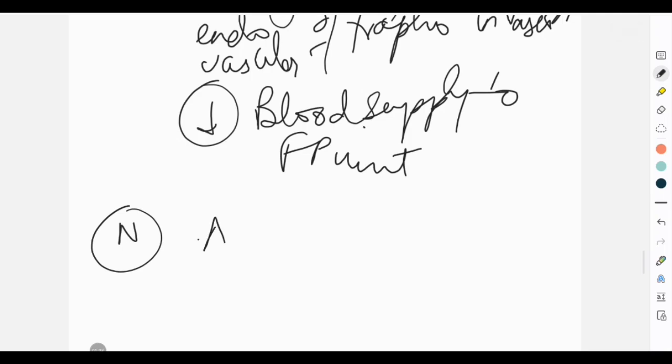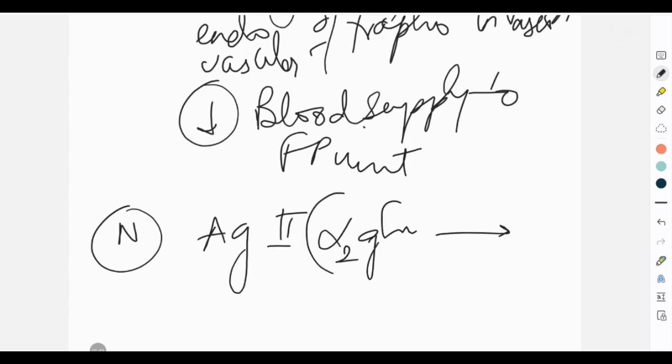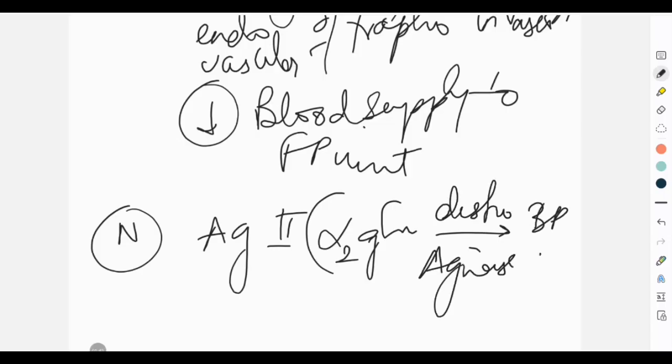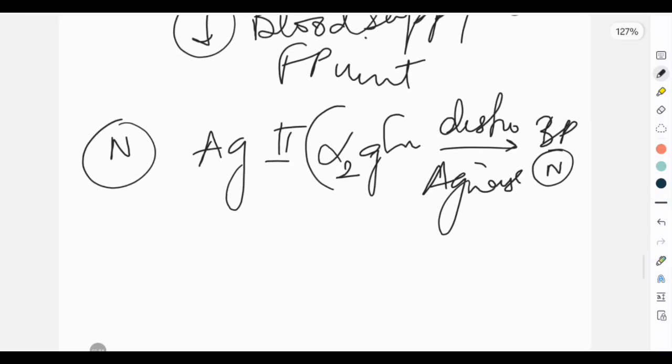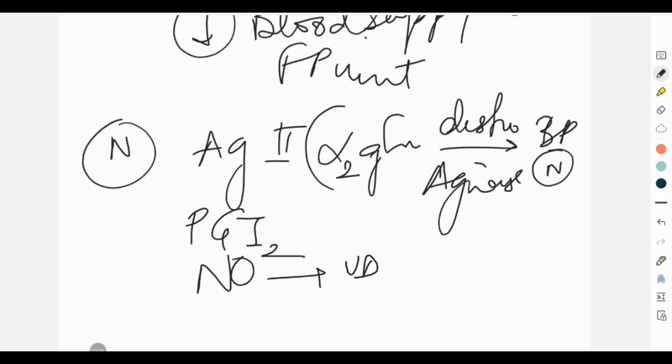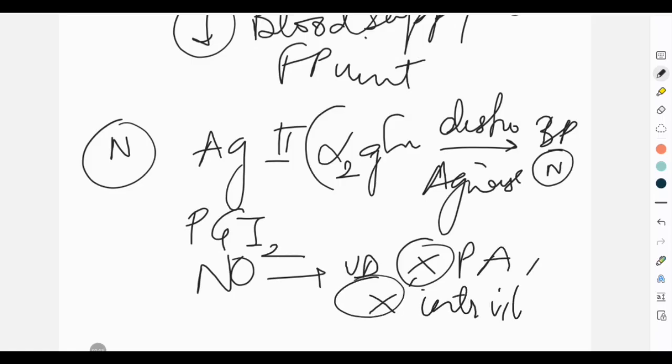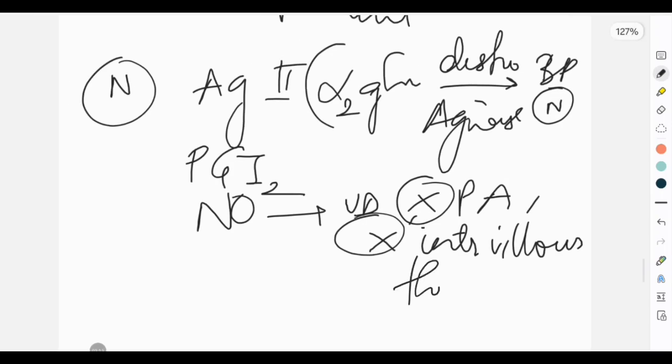Normally, angiotensin 2, which is an alpha 2 globulin, is destroyed by angiotensinase, and the BP is stabilized, which is normal. Then PGI2 and nitric oxide, which are vasodilators, stop platelet aggregation and stop intervillous thrombosis.